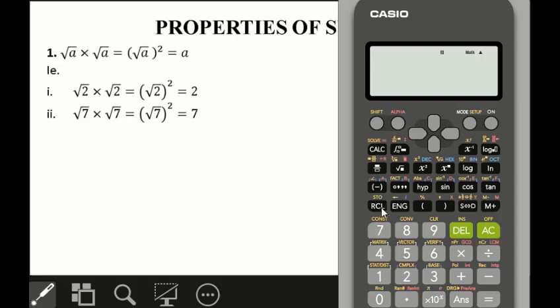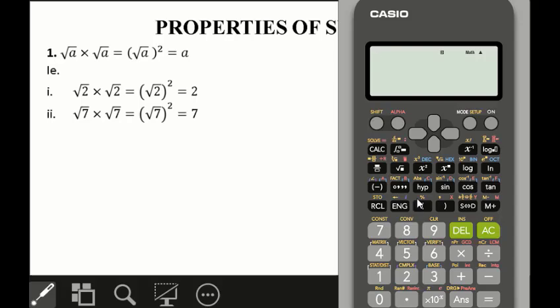So you take your calculator and you punch the root of 2 times the root of 2 and press equal to. So you can see you are getting 2, right? Very good.